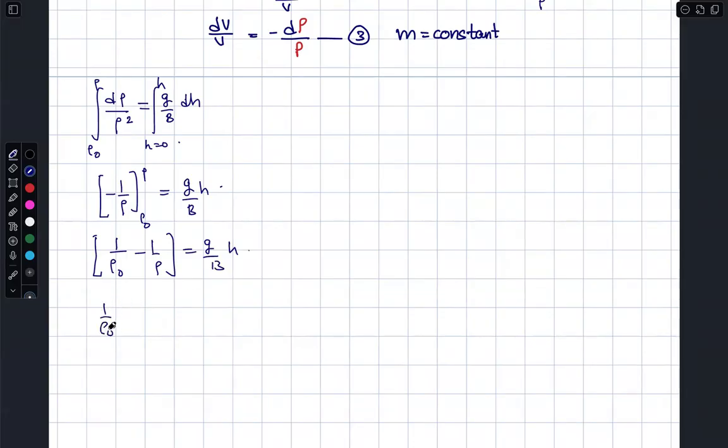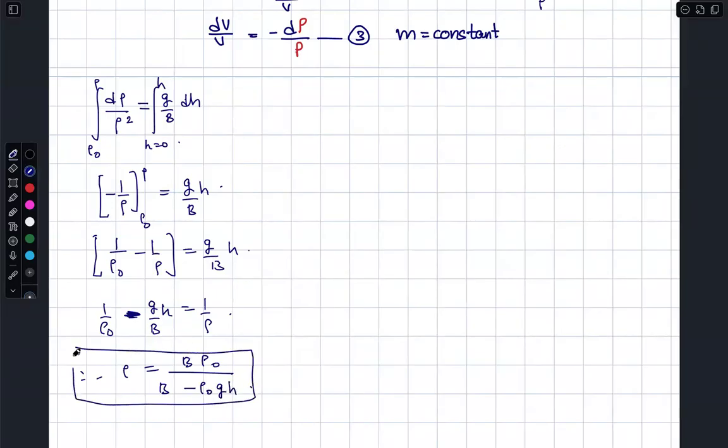So 1 by rho is 1 by rho naught minus g by B times h. Therefore, you can write rho as B rho naught by B minus rho naught g h.